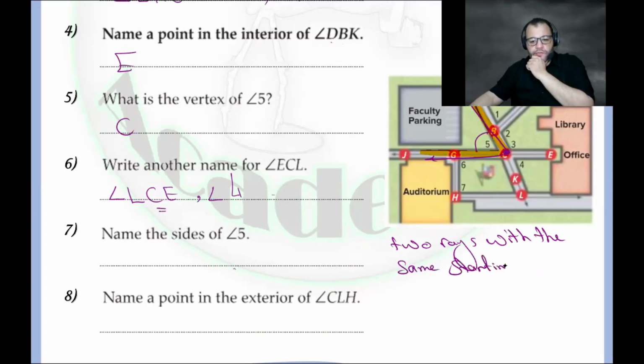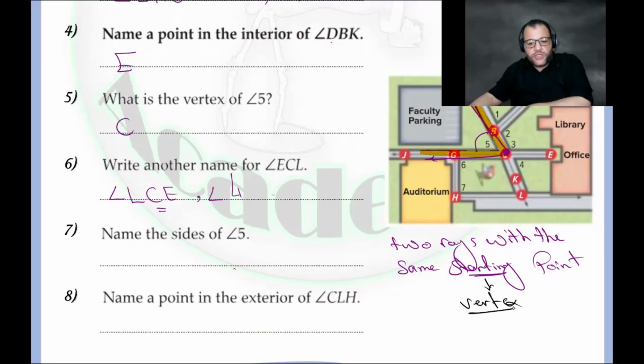For the starting point, we give another name, which is the vertex. So we replace the rays with sides.